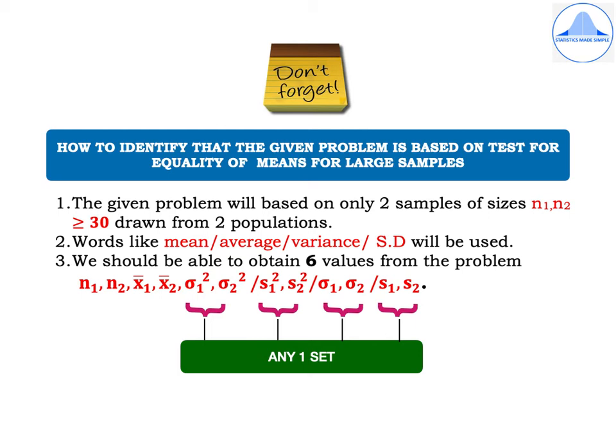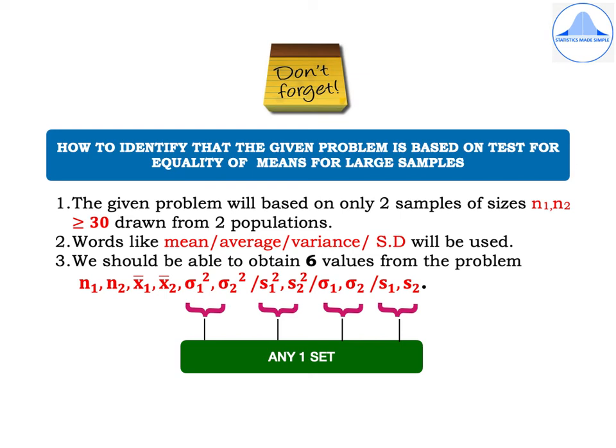What you shouldn't forget for tests for equality of means is identification for large samples. So let me explain how to identify that the given problem is based on test for equality of means for large samples. Firstly, the given problem will be based on only 2 samples of sizes n1 and n2, and these sizes should be greater than or equal to 30, drawn from 2 different populations.